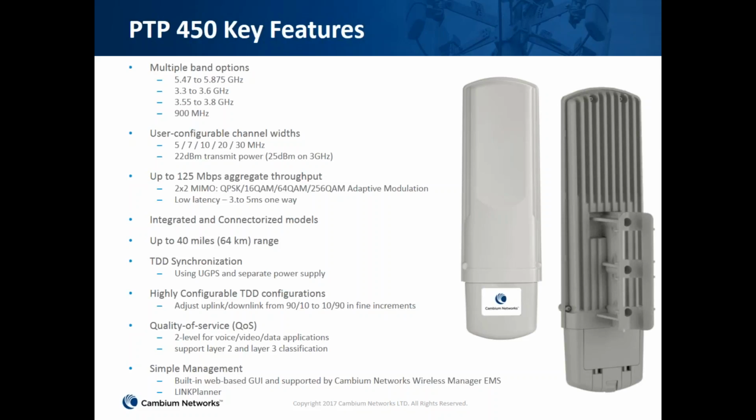So you get pretty decent throughput at a reasonable price, and relative to the rest of the PMP 450 portfolio, it's easy to drop in because the GUI is the same, the installation procedure is the same, and the accessories are the same. So if you're deploying PMP 450, this is a nice solution to add on to that.